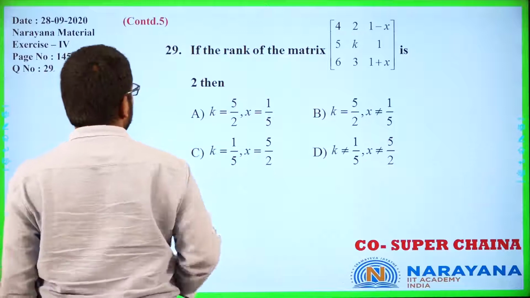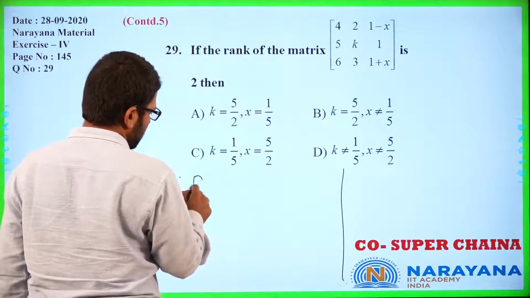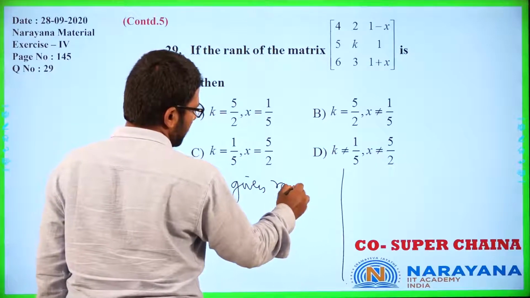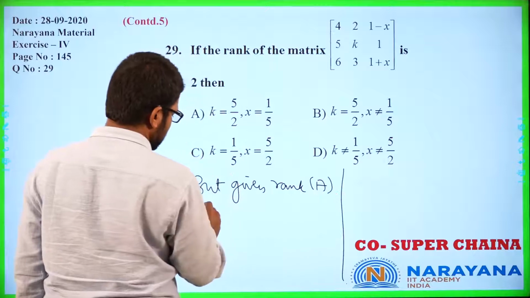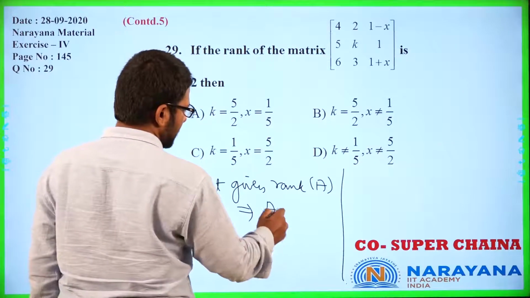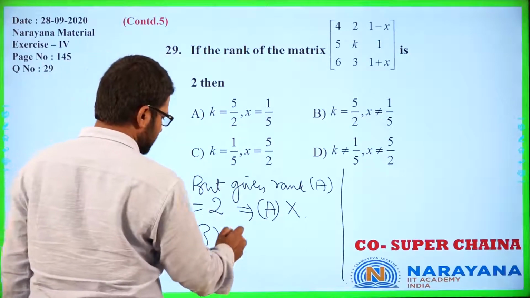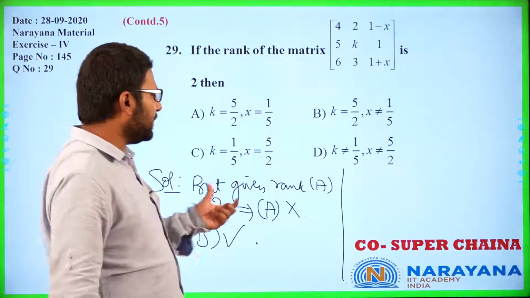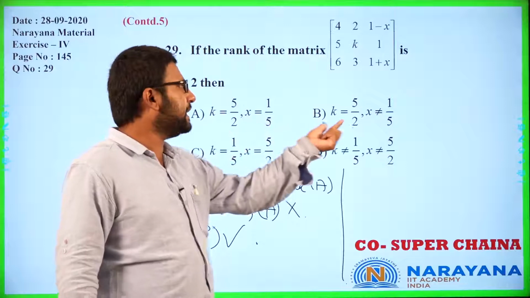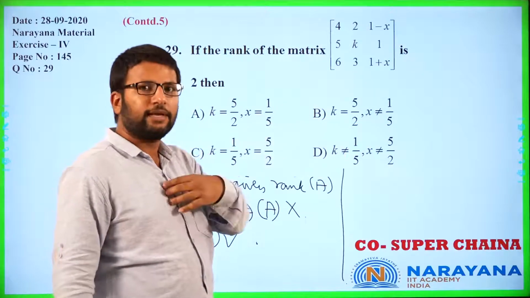But given rank of A is 2, which means option A is incorrect, which means option B is correct, right? Because for rank of A to be 1, both the conditions have to be satisfied. And we have seen that if one of the options is satisfied, then definitely rank is not 3, correct?